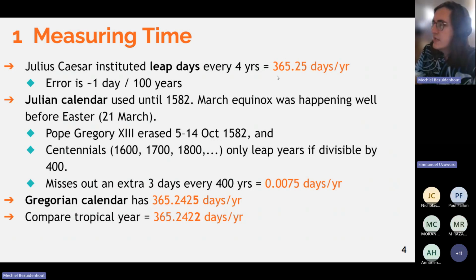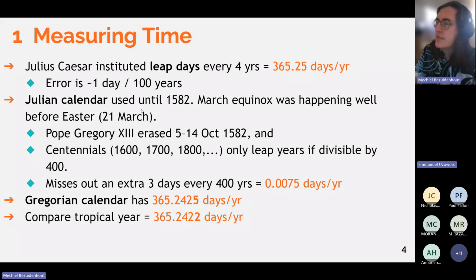So it's an extra day to the calendar, which brings the calendar to 365.25 days per year. So now the error is about 0.08 days a year. And that's fairly small every year, but over 100 years, you lose about a day.